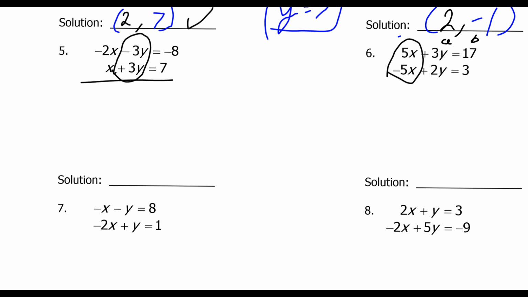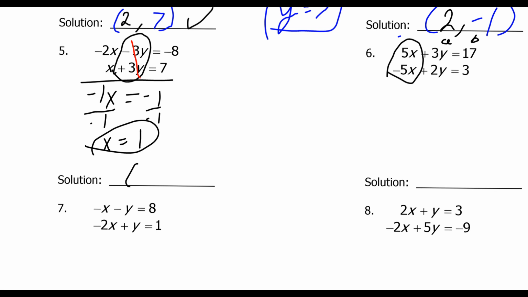So, when we go to combine this, negative 2x plus an x is going to be negative 1x, okay? The 3 y's, like I said, are going to cancel, and negative 8 plus 7 is going to be negative 1. We divide each side by negative 1, and x equals 1.